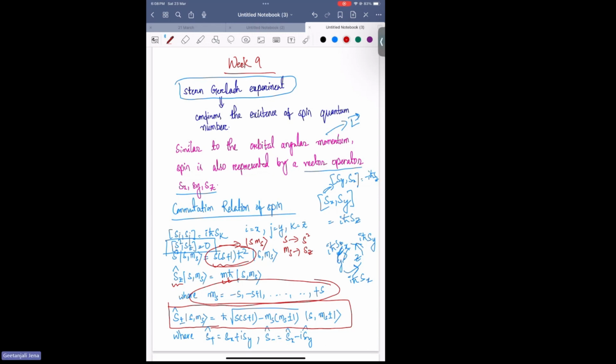So you don't have to remember all these things. If you know the equation for the orbital angular momentum case, then you can similarly write down the expression for the spin quantum number. S plus is the raising operator, given by Sx plus i Sy, and S minus is the lowering operator, given by Sx minus i Sy. These are all the basic things related to the spin quantum number.